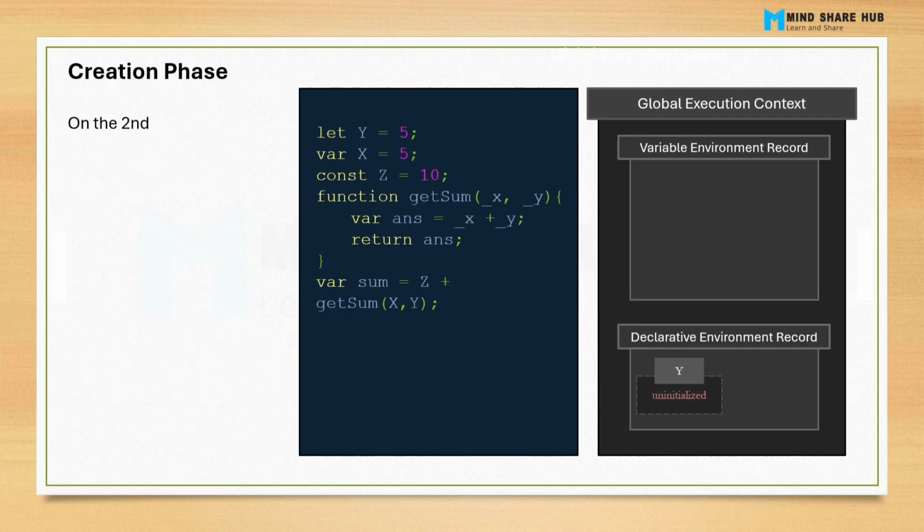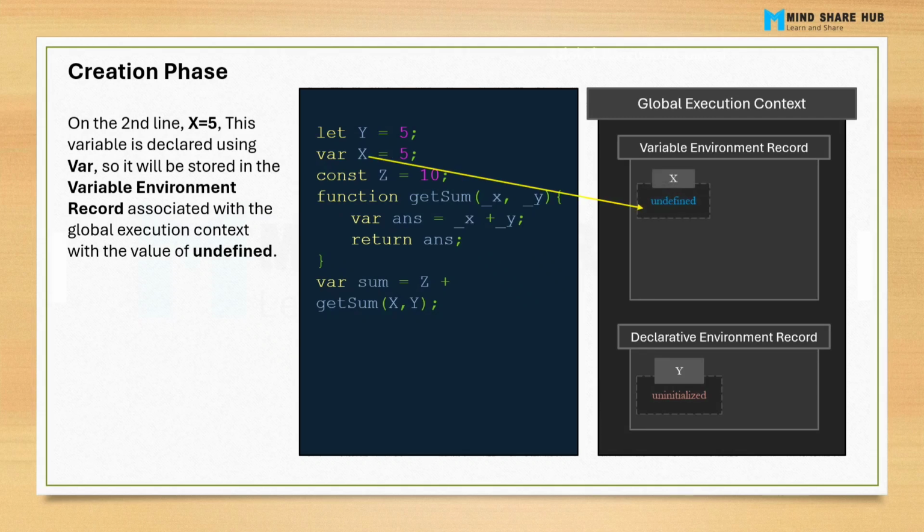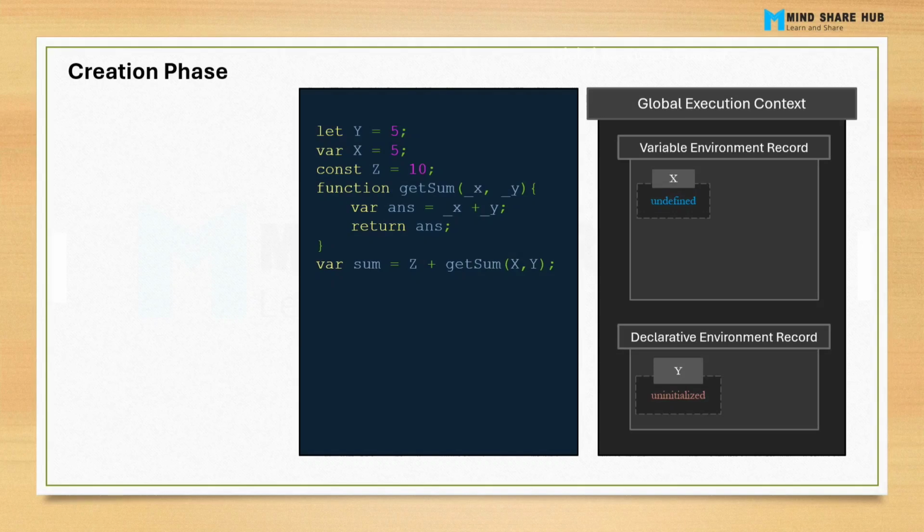On the second line, x equals 5. This variable is declared using var, so it will be stored in the variable environment record associated with the global execution context with the value of undefined. On the third line, z equals 10.